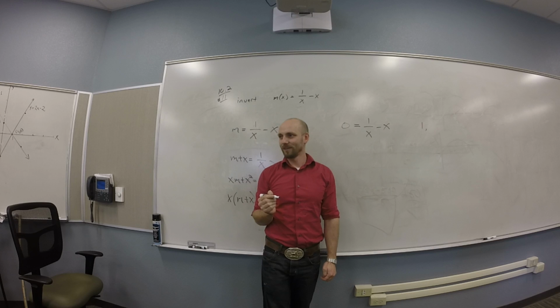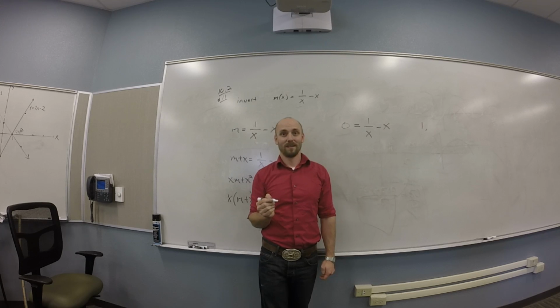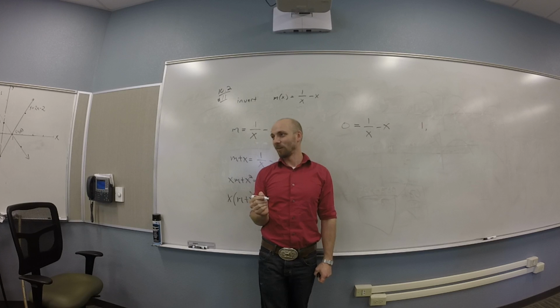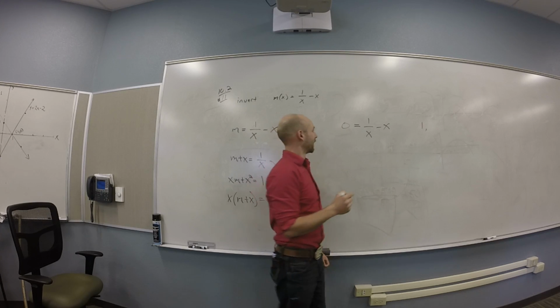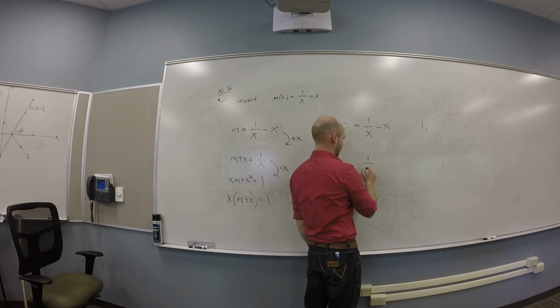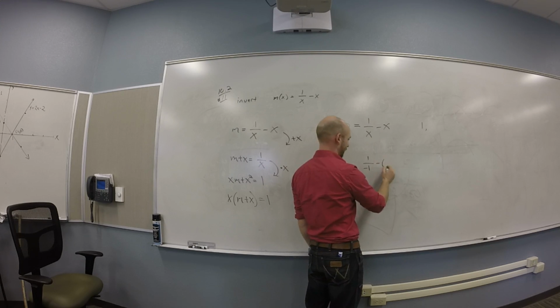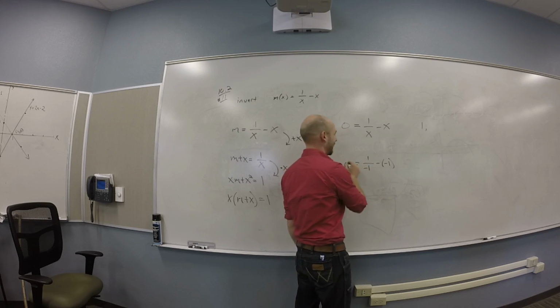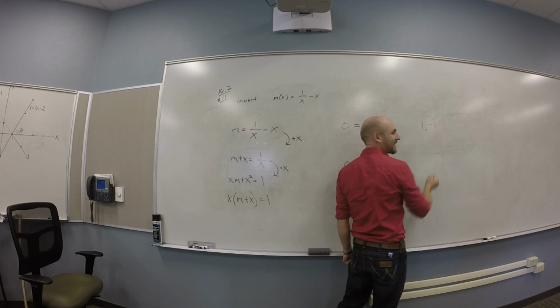Got another one? Negative 1's a really good guess. It's negative 1 over negative 1 minus negative 1, which is 0.